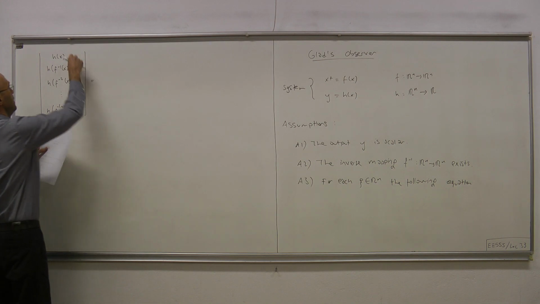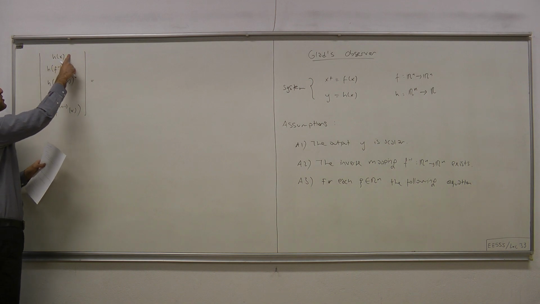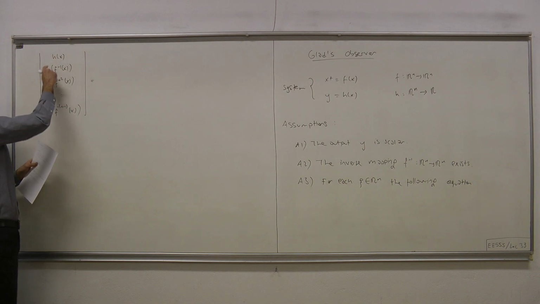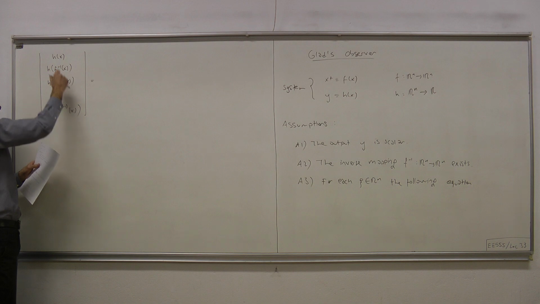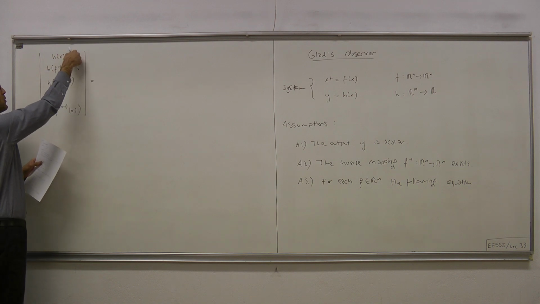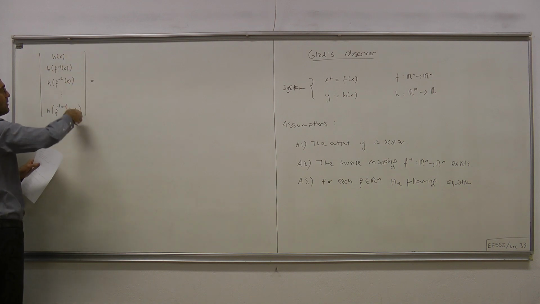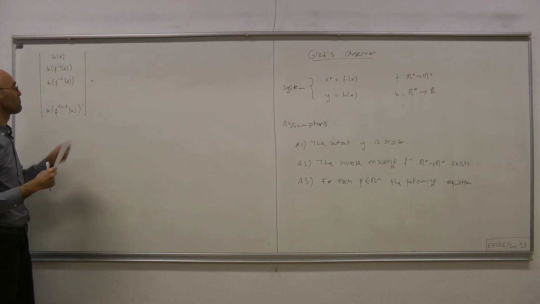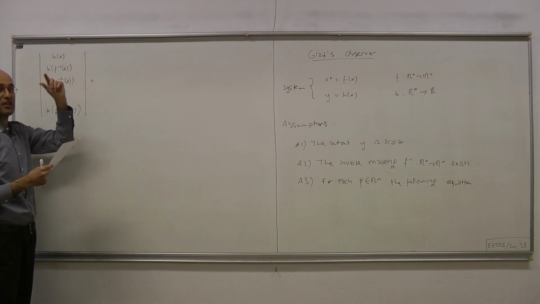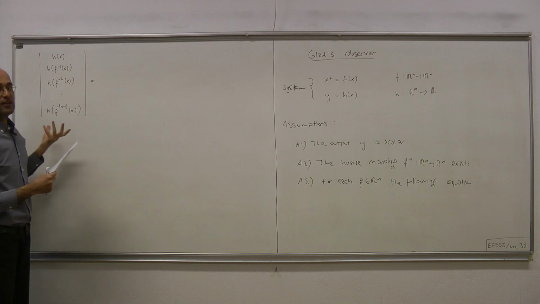Since y is a scalar, h of x is a scalar, h of f inverse x is also a scalar. So basically we're stacking these n scalar functions of x into a vector.